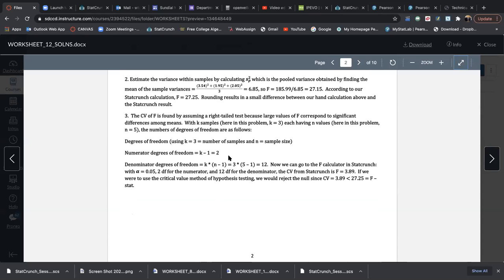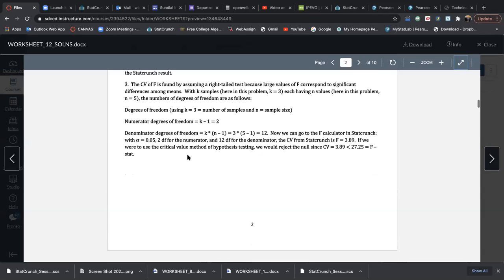And for the degrees of freedom for the denominator, the formula is k times n minus 1, where n is the size of each of the samples. Now remember, in this one-way analysis of variance, we're assuming that all the sample sizes are equal, okay? And they each have sample size n.